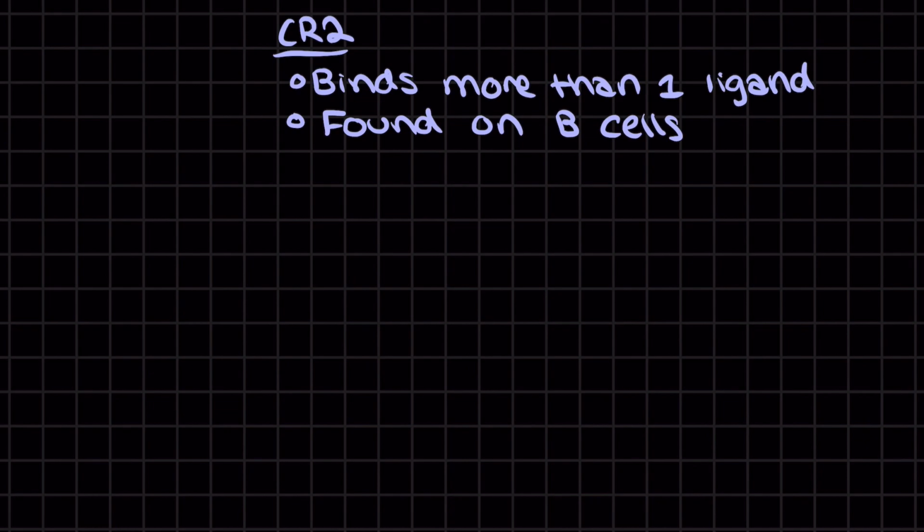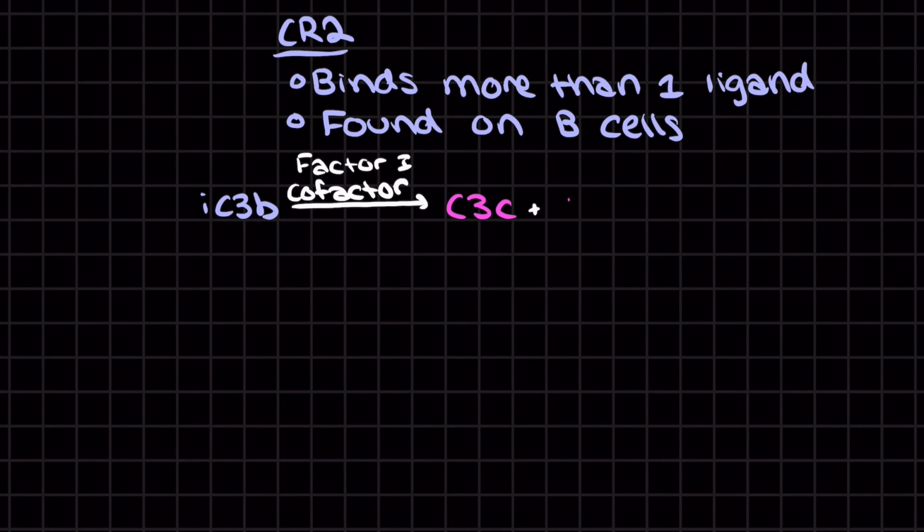But let's go into this more than one ligand idea, because CR2 can bind iC3b, but iC3b can undergo another cleavage event. If iC3b is bound by factor I and an appropriate cofactor, iC3b can actually be cleaved into two new products. One of them is known as C3c, and the other is known as C3dg.